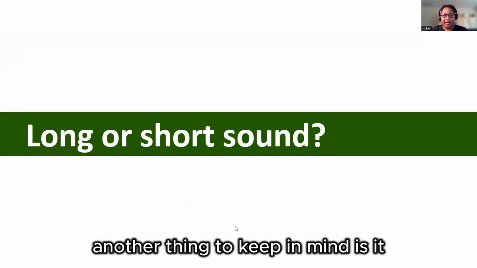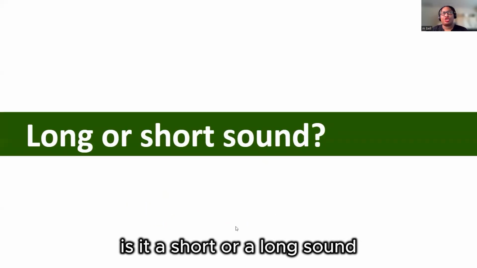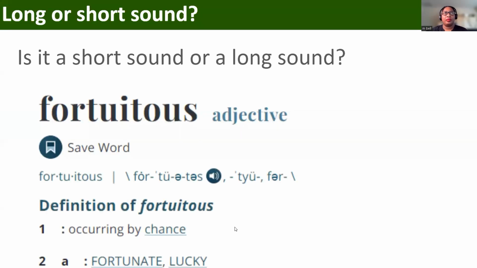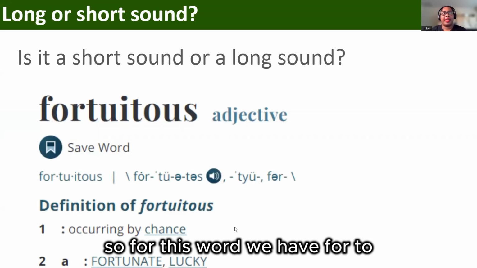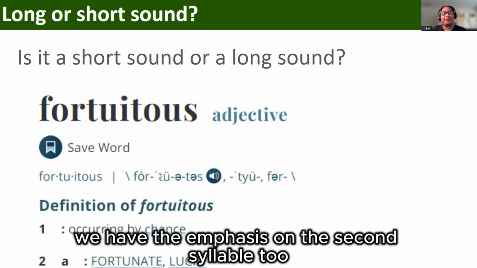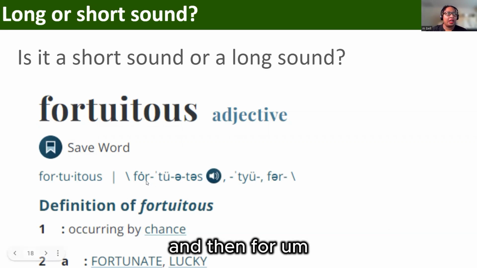Another thing to keep in mind is whether it is a short or a long sound that you want to pronounce when it comes to the vowel. For this word, we have fortuitous. For this one, we have the emphasis on the second syllable, to.